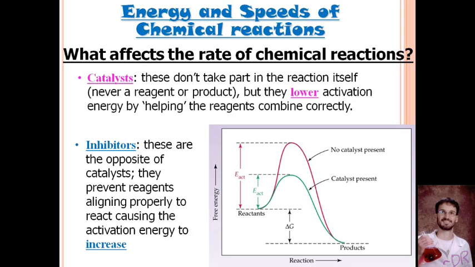They just assist in helping the other things react. Which is why you won't see catalysts or inhibitors written on either side of the arrow in a chemical equation, but you will see them written over the arrow, sort of like you need heat or you need light. Sometimes you'll see another chemical compound written over the arrow. That means it's either a catalyst or an inhibitor. Mostly, if it's written over the arrow, it's probably going to be a catalyst.